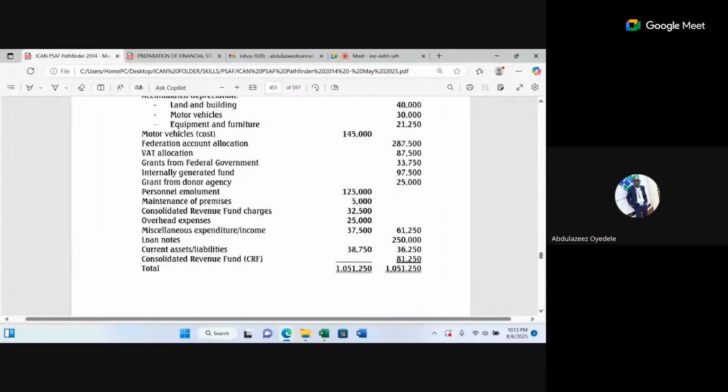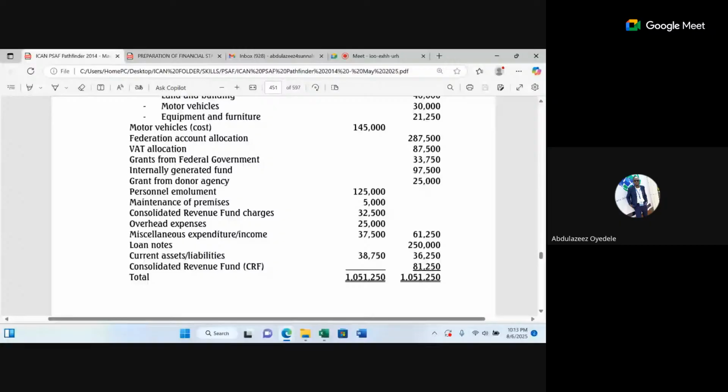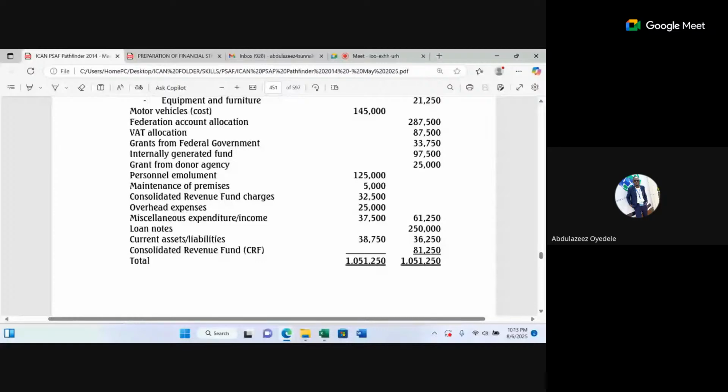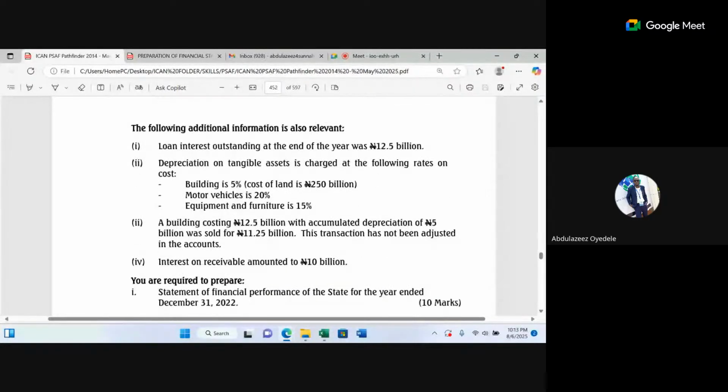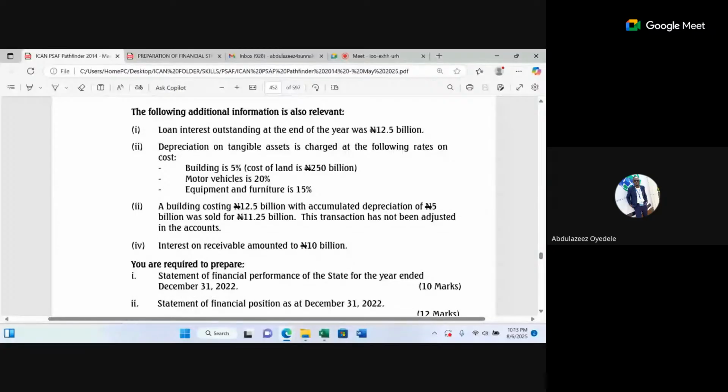Also, we have a few additional pieces of information at the bottom of that trial balance. Then we'll be looking at those. The information given is about 4 items. The first one is that there's a loan interest outstanding at the end of the year, which was 12.5 billion.